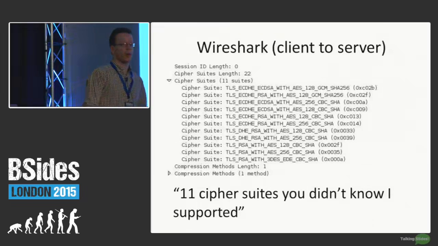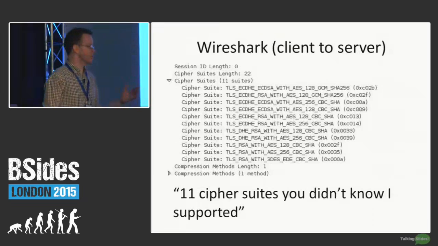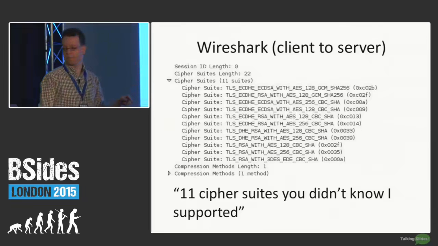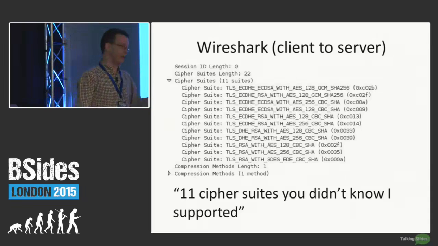You can actually see this in Wireshark. This is a Wireshark session from Firefox on Debian Linux connecting to the website of BSides London over HTTPS. And Wireshark actually shows it.